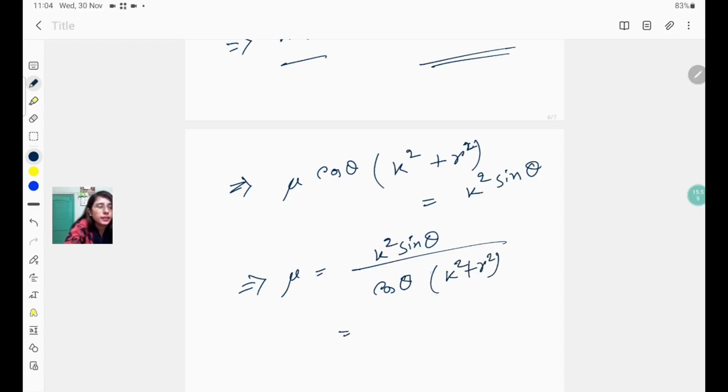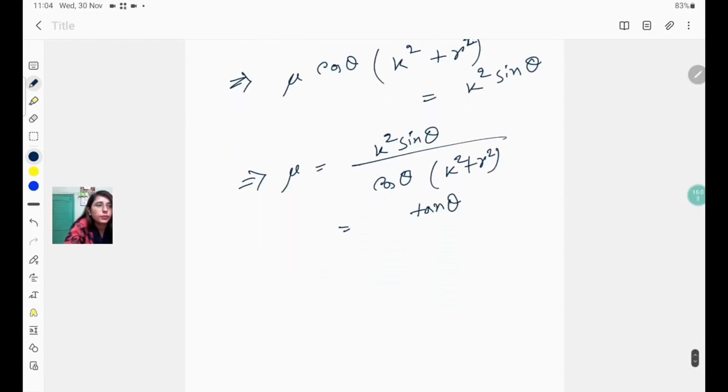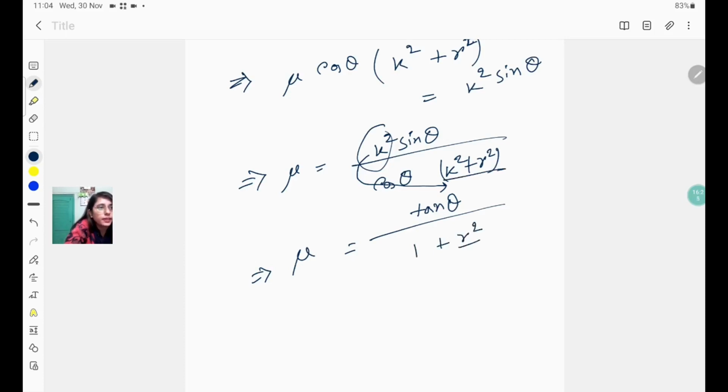Sin theta by cos theta is tan theta, and if we take k square to the lower side, we will have mu equal to tan theta divided by 1 plus R square by k square, right? So this is the final answer.